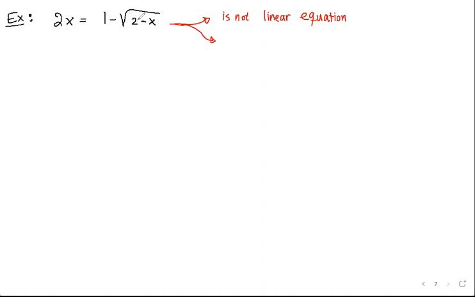No, we don't. So this is also not a quadratic equation. How can we solve something like that? To solve it, we have to make the root on one side and everything else on the other side.